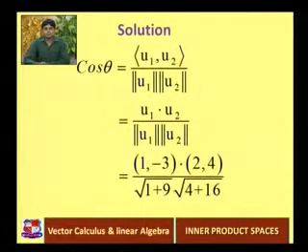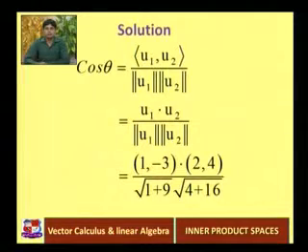But here R2 has the Euclidean inner product, so we convert the inner product function u1 comma u2 into the dot product u1 dot u2, upon norm of u1 into norm of u2. The equation is converted in this fashion.